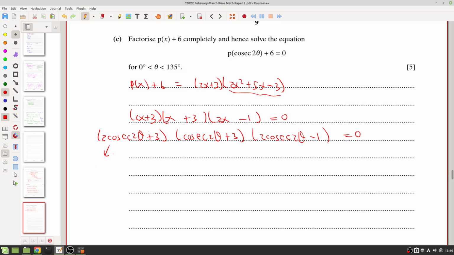Okay, so from this one, we'll get cosec 2 theta equals negative 3 over 2. From this one we'll get cosec 2 theta equals -3, and from this one we'll get cosec 2 theta equals 1/2.